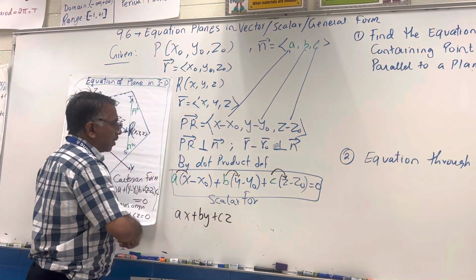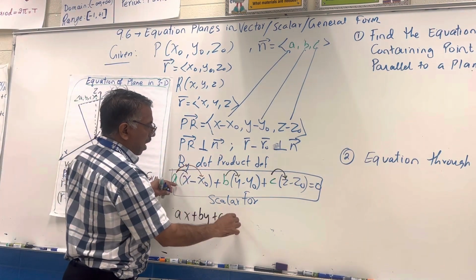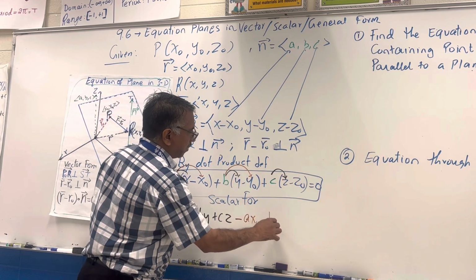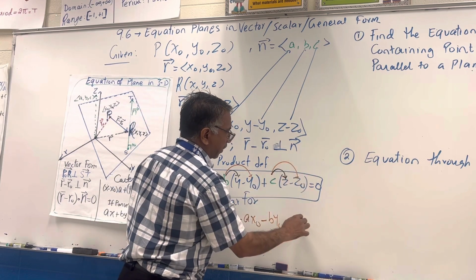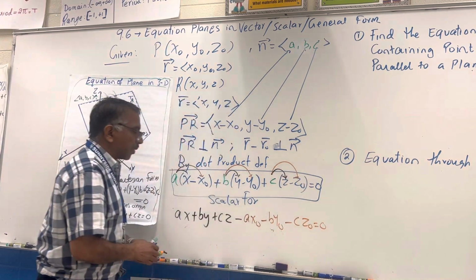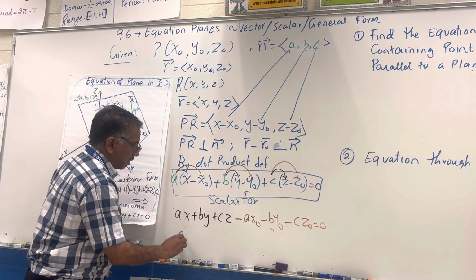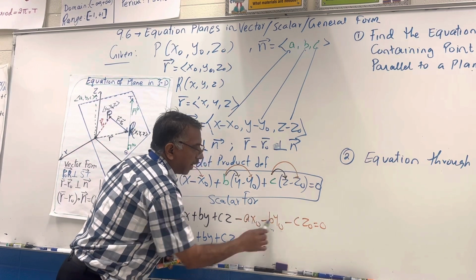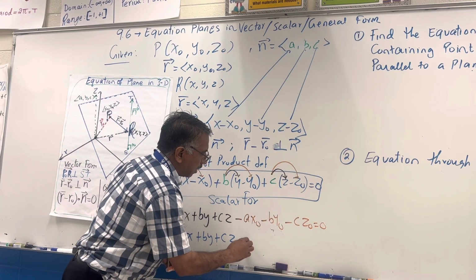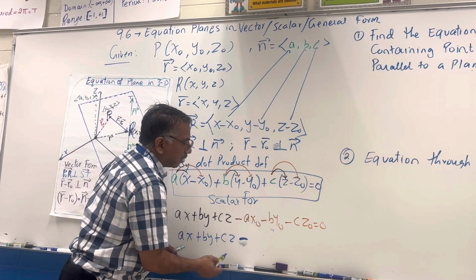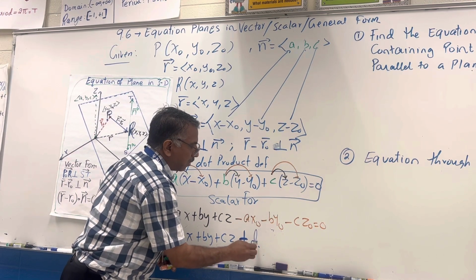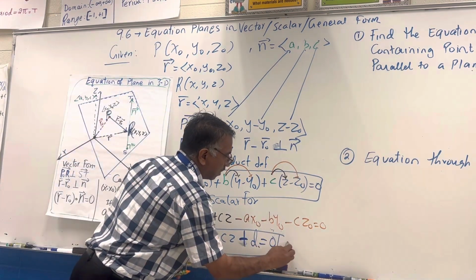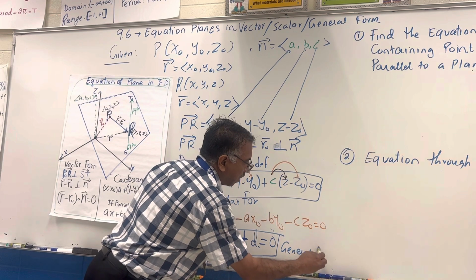A times this one is minus AX naught, and this one is minus BY naught, and this one is minus CZ naught, equals 0. So we can write this as AX plus BY plus CZ, and this can be written again. I'll combine it as a minus here, and you can also call it D. So D stands for this, equals 0, and when you write it like this, it is called the general form.